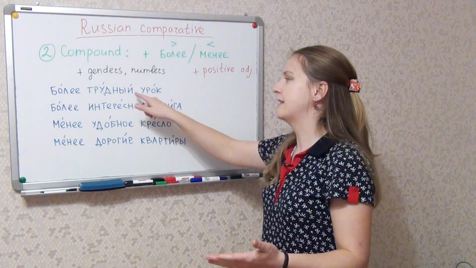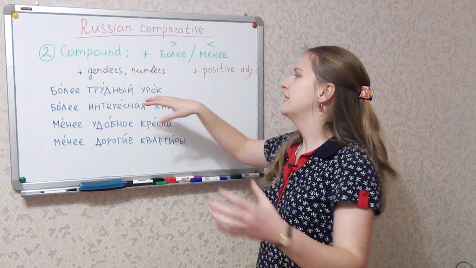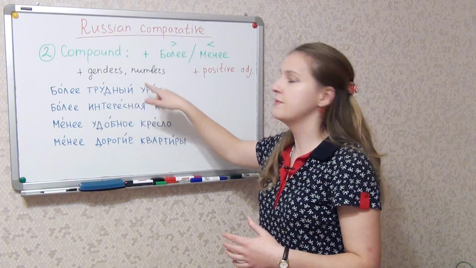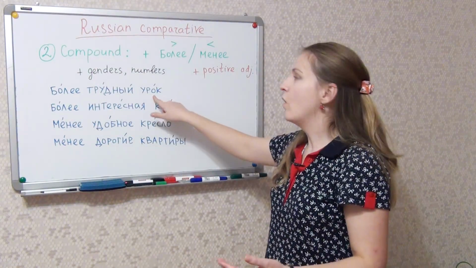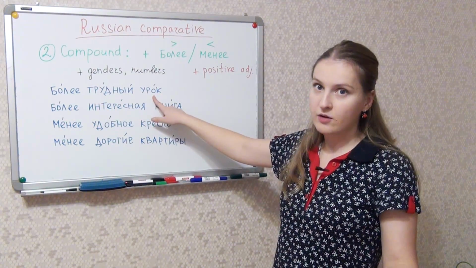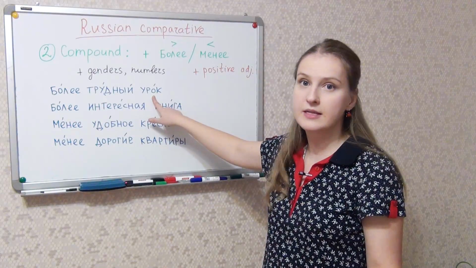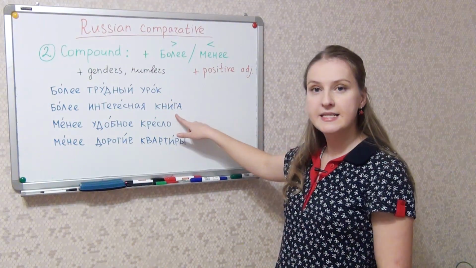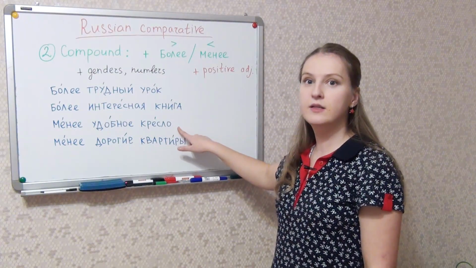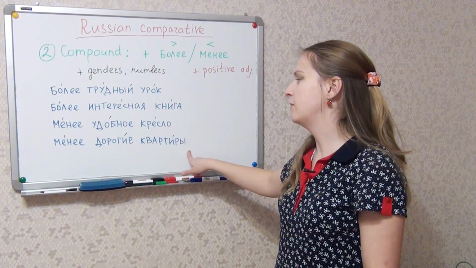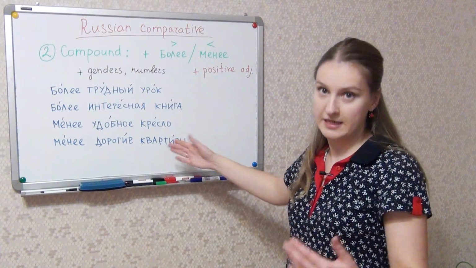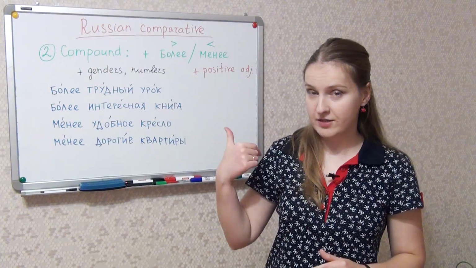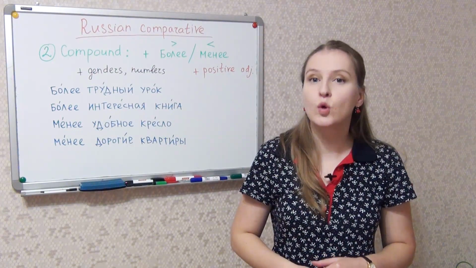Do not forget that the form of the adjective depends on the noun, what gender the noun is and what number the noun is. Here, masculine singular, feminine singular, neutral singular, and plural.